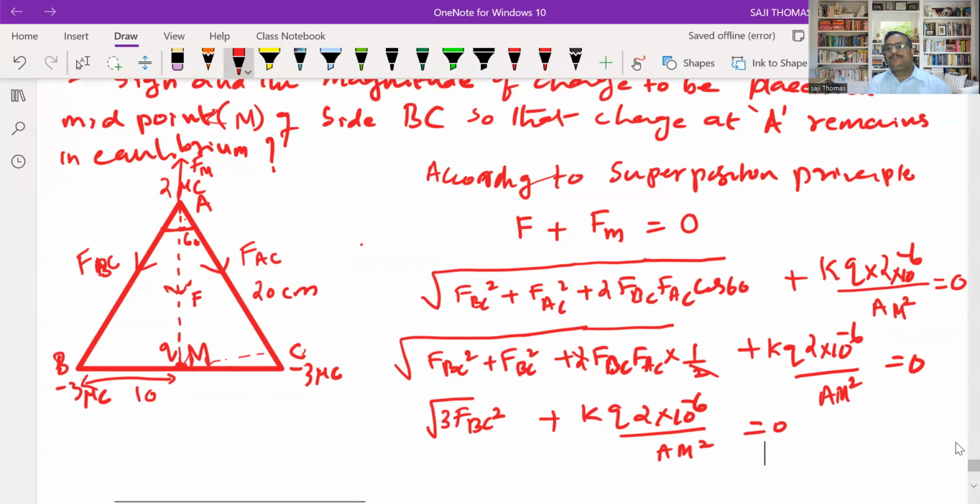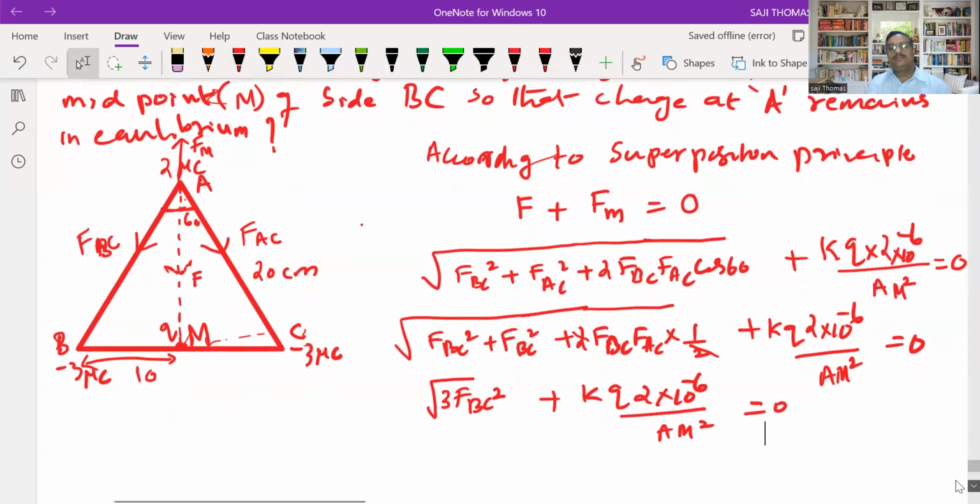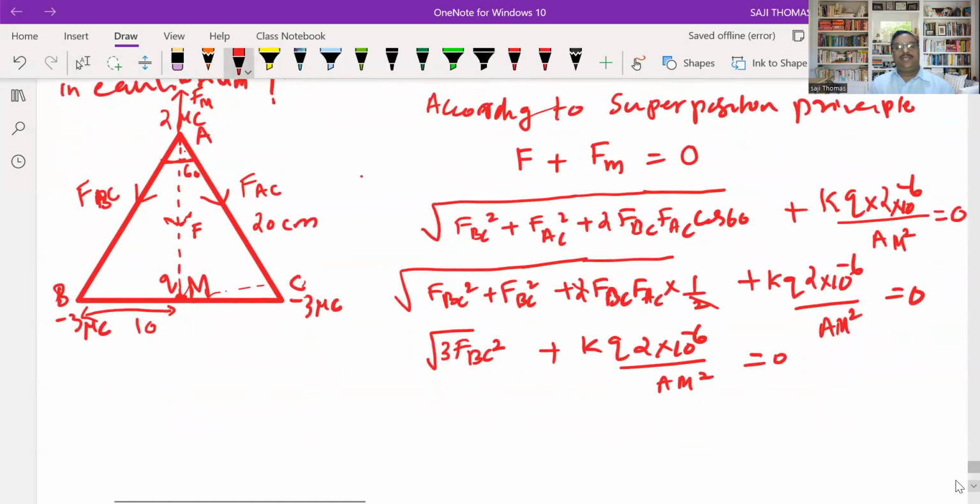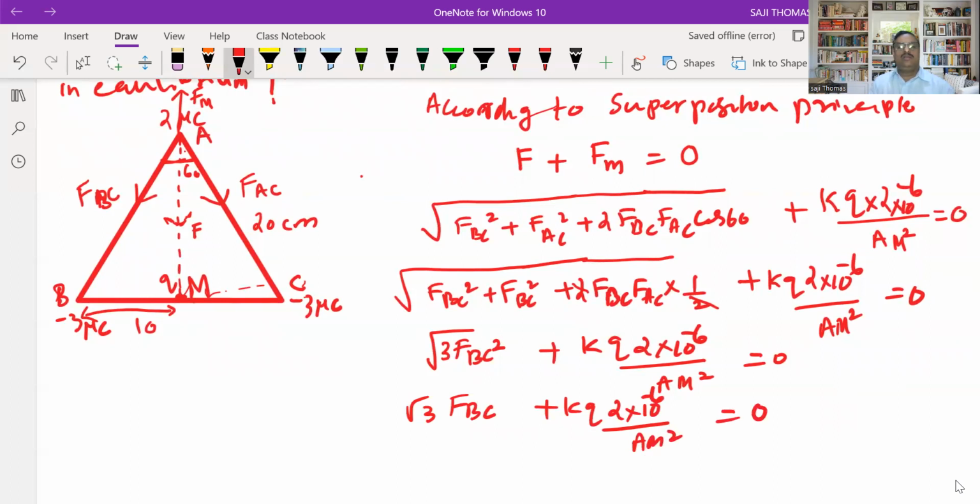Okay. Now root 3 into FBC plus KQ 2 10 raised to minus 6 by AM square equals 0.